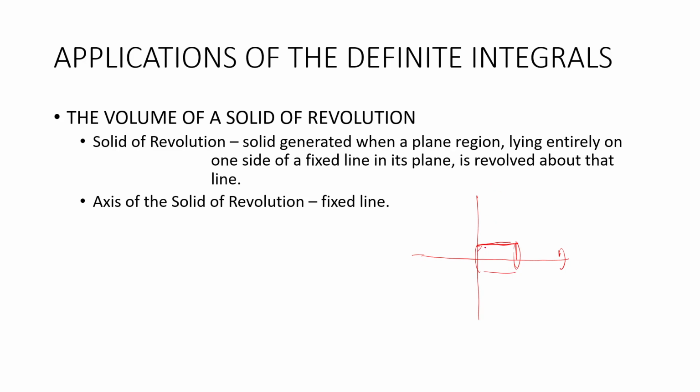From a rectangular area, rotated 360 degrees about a certain axis, it will create a cylinder. So that's the idea behind this topic: we are rotating areas about a fixed axis or a fixed line, and that area will create a volume.